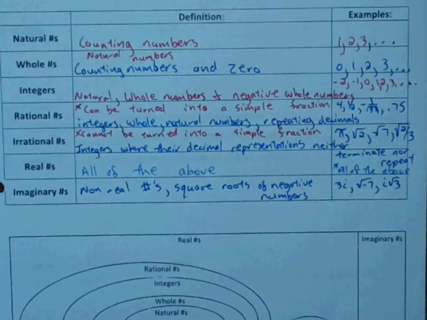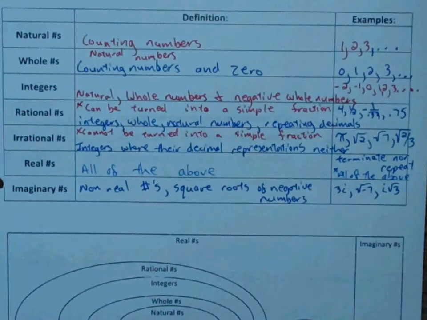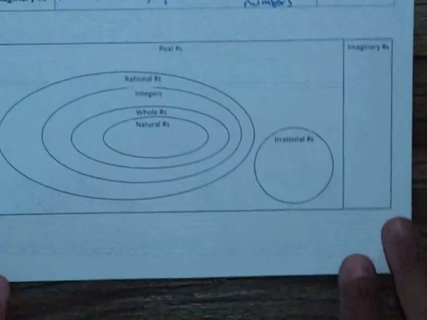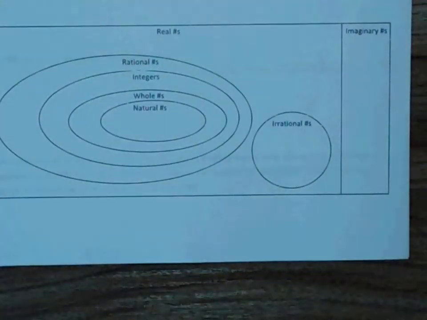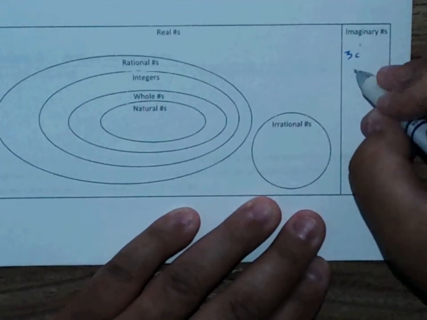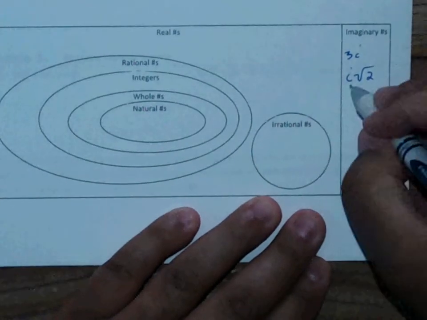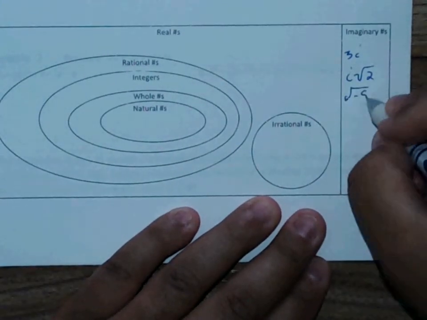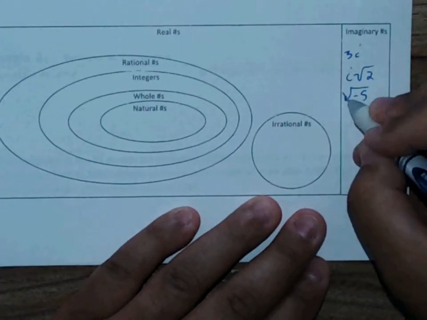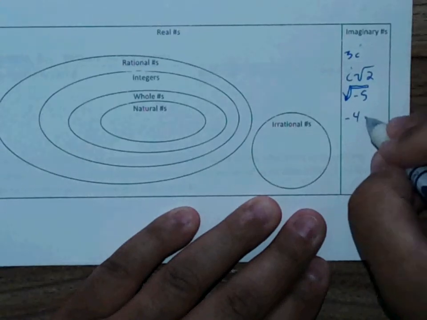So using these examples, you'll commonly see a diagram. It kind of lays out how this stuff looks, and I'll plug in some examples. We'll start off with the most recent one that we just did, which is imaginary numbers. So I have 3i, I square root of 2, square root of a negative 5. Sorry, it's a little raggedy square root symbol. Negative 4, i.